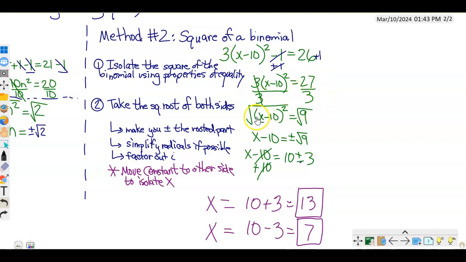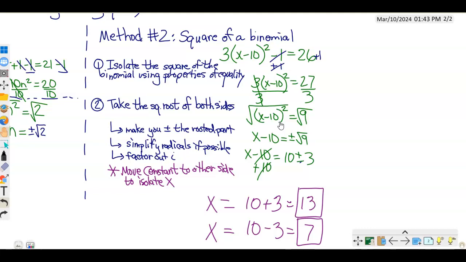Okay, what that's going to get me is this binomial squared, alone on one side of the equation. So instead of just a squared term like an x squared or n squared in our previous example, this is a square of a binomial, but it's all by itself.